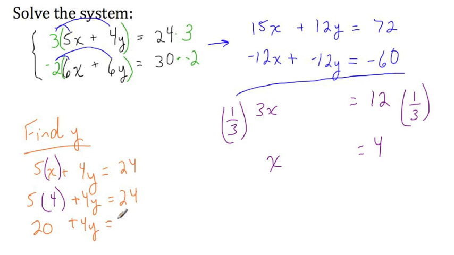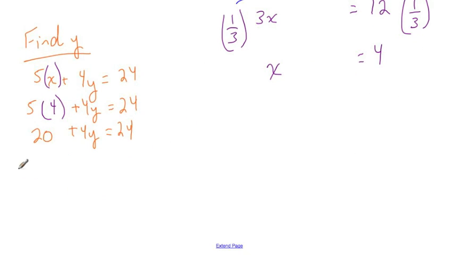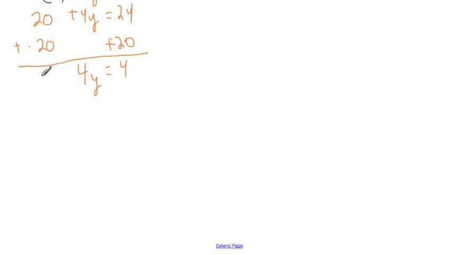Add 4y, we should get 24. Get rid of all terms without your variable in it by adding the opposite to both expressions. So we're going to add negative 20 to both expressions. These 20s are eliminated. That'll leave me with 4y equals 4. And now we multiply both expressions by the reciprocal of the coefficient, which is 1/4, leaving us with y equals 1.